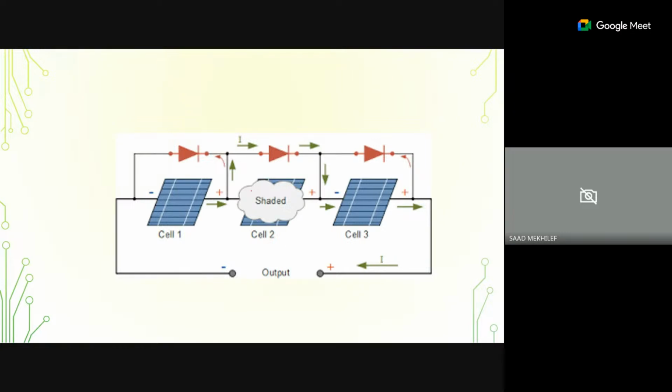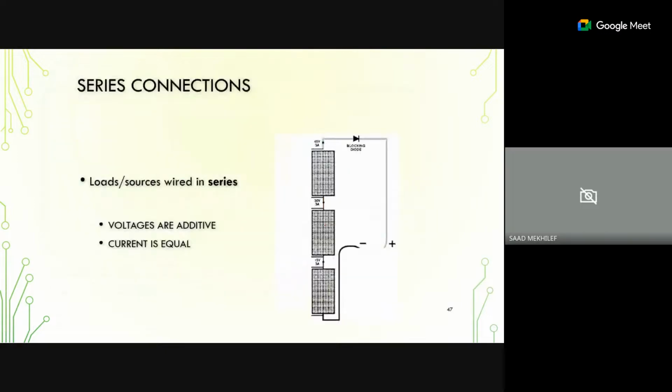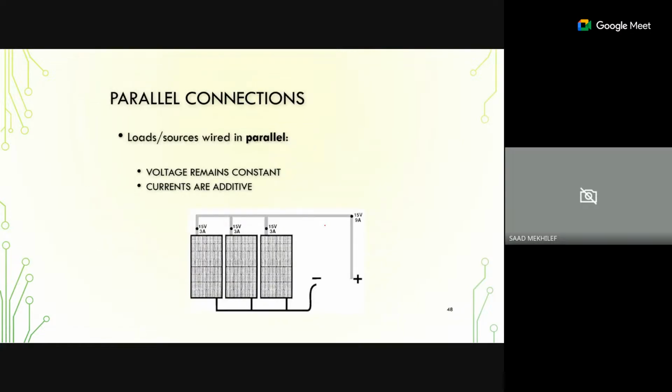We lose one cell, but we still have power produced, maybe less. But if we don't have these diodes, what we get here is 0, plus the damage of this cell, because the current will be dropped on it and it will be damaged with time. Okay, so this is how the connections work, I think all of you know series connections, parallel connections.